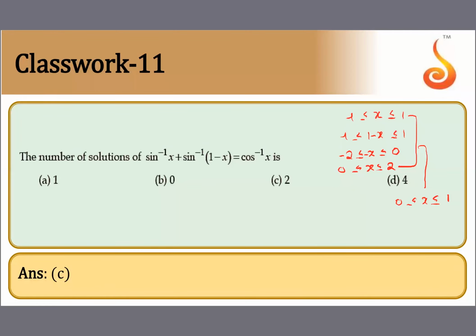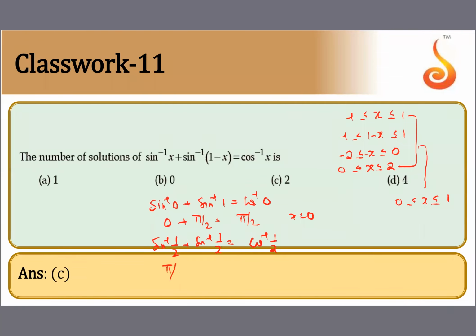Okay. So observe very carefully. If you put 0, sin inverse 0 plus sin inverse 1 is equal to cos inverse 0. 0 plus pi by 2 is equal to pi by 2. So x equal to 0 is possible. Similarly, you put the middle value, sin inverse 1 by 2 plus sin inverse 1 by 2 is equal to cos inverse 1 by 2.